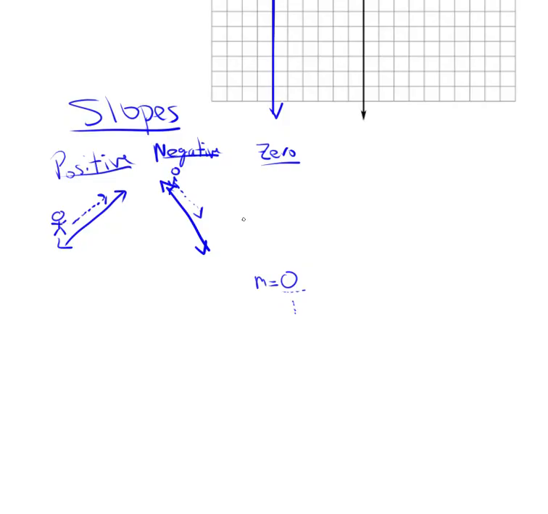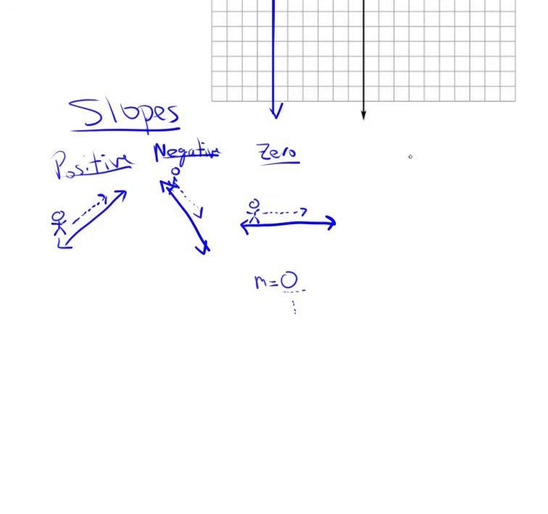That means my change in y has to be 0, and that would be a horizontal line. So that would be our slope guy walking just like walking on a flat floor. There's no up, there's no down, he's just walking flat, which is kind of nice. He's not doing very much.